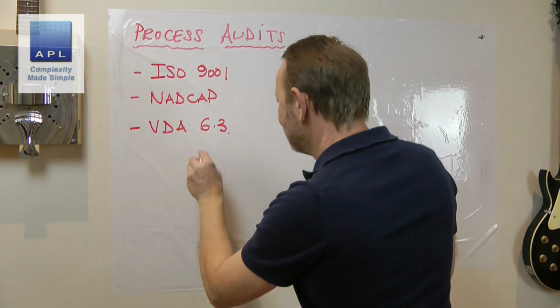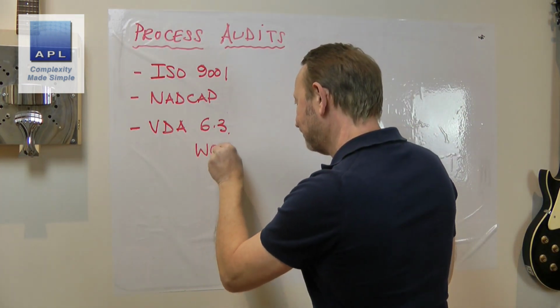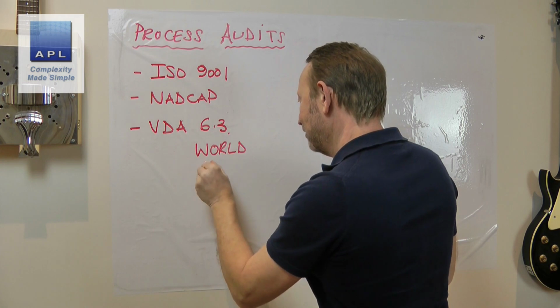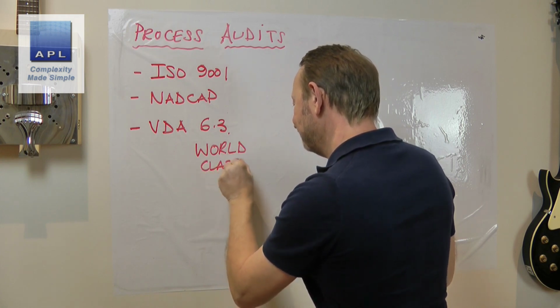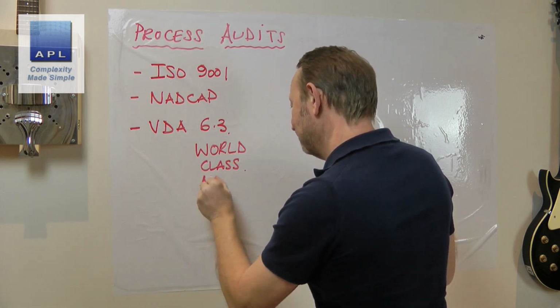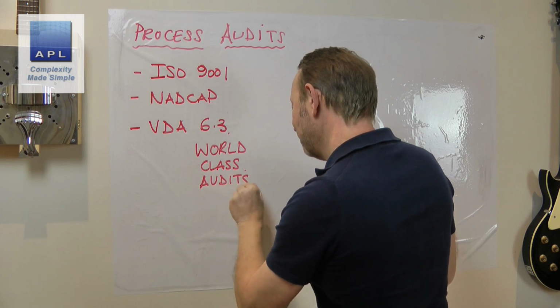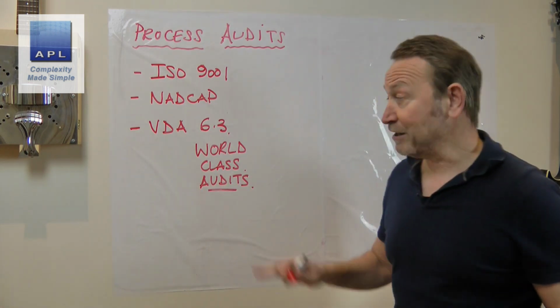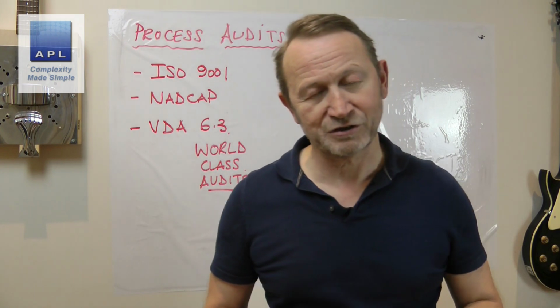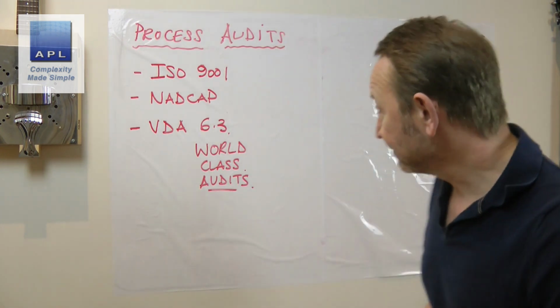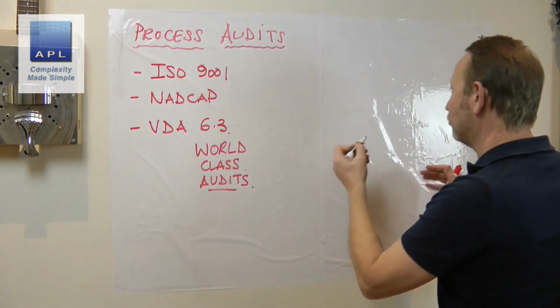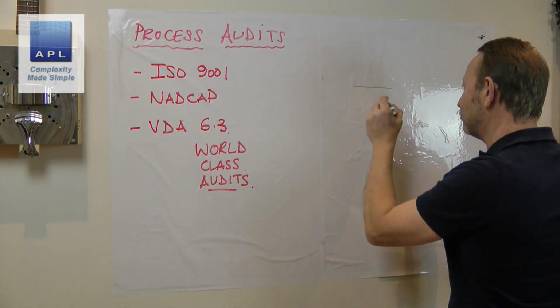So the one I'm interested in is world-class level process audit. I'm going to show you what that is, and what's missing from these techniques currently. So let's talk about the laws of physics, because that's what this is all about.